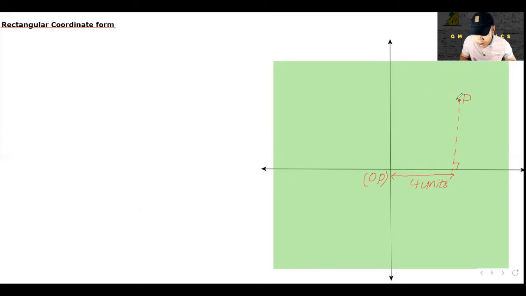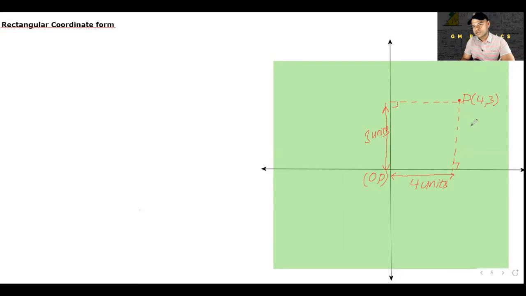Again, drop a perpendicular from point P to the y-axis and measure this length from the origin. Suppose this is 3 units. So my point will be 4 units on the x-axis and 3 units on the y-axis.